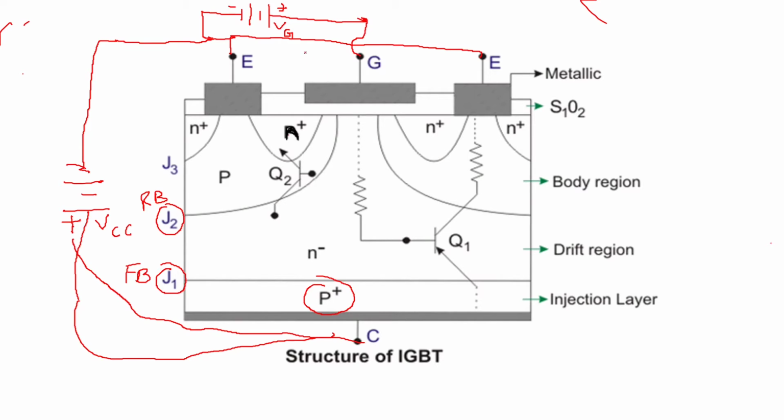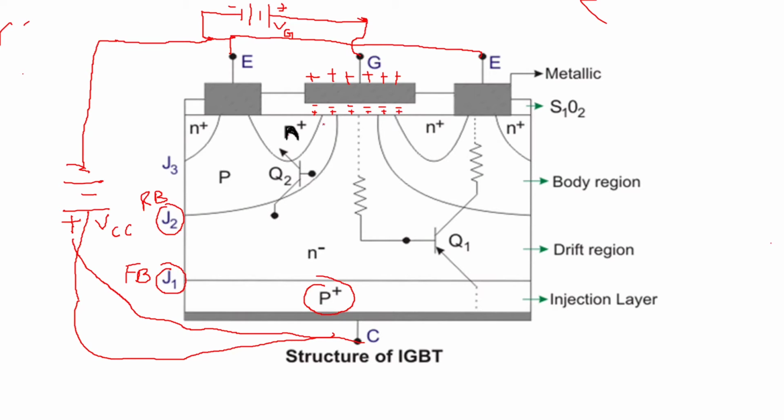Now, if you apply a voltage VG to the gate with positive polarity, then you will have negative ions in the oxide layer and positive ions on the other side.